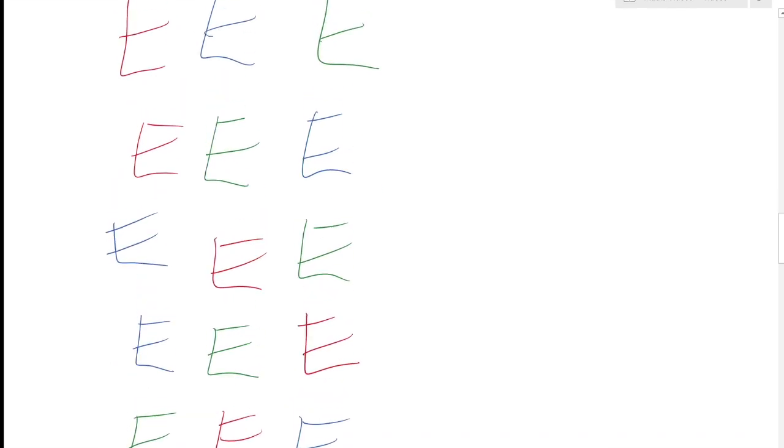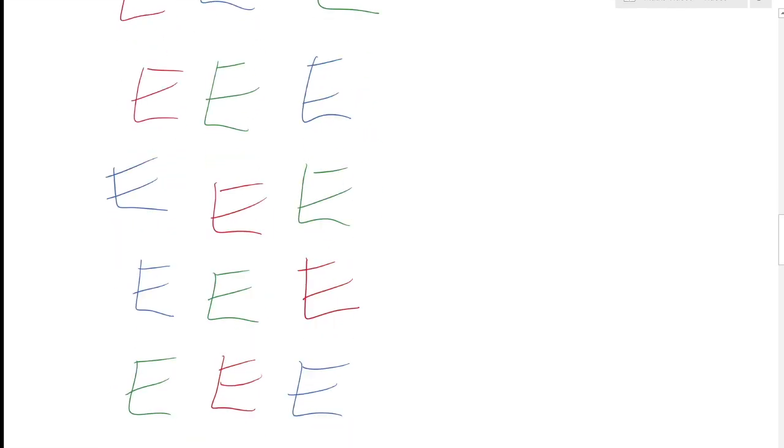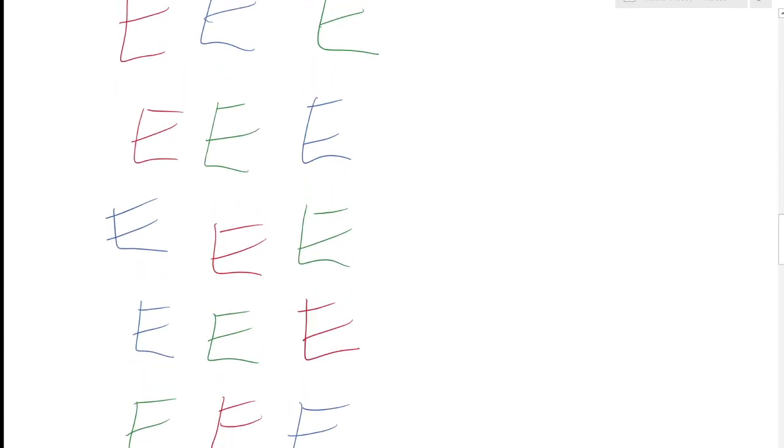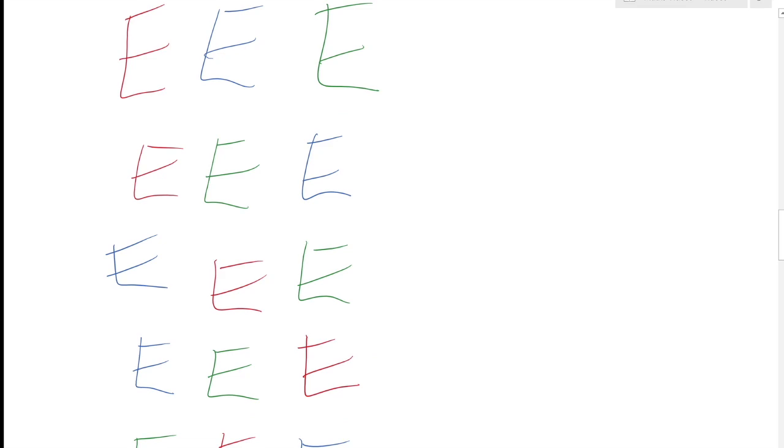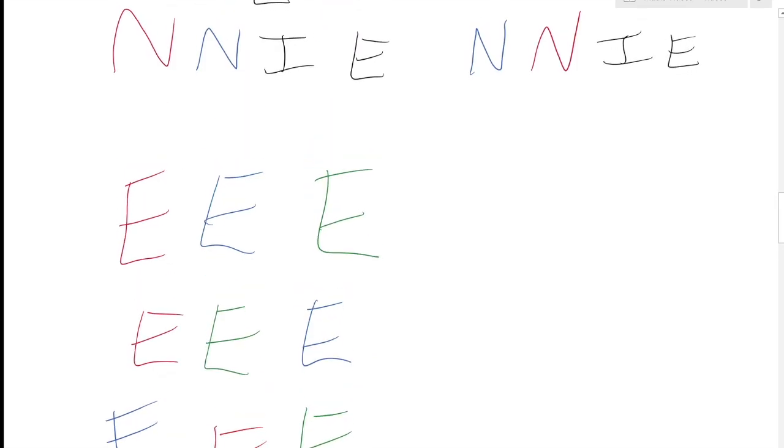But yes, so here we've got the 6 permutations of the E's, and then for every combination of the letters of 11, you would have this many permutations of that one combination. Oh, I've got some random lines. That's always fun.